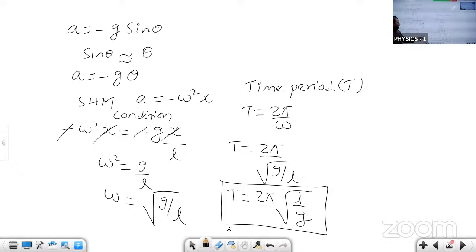So overall, students, the expression for time period is capital T equals 2 pi under root of L by g.